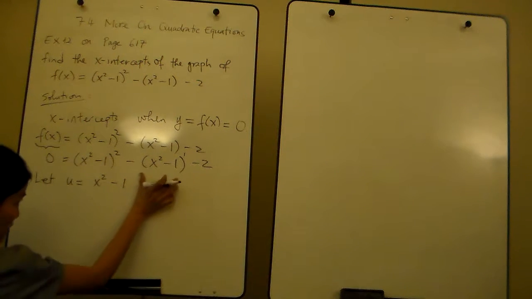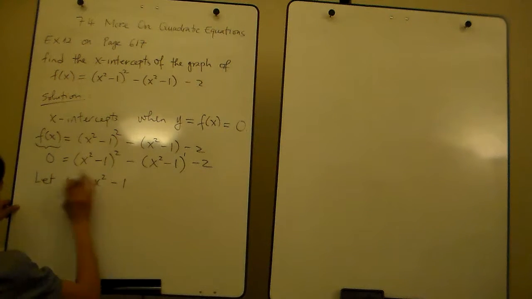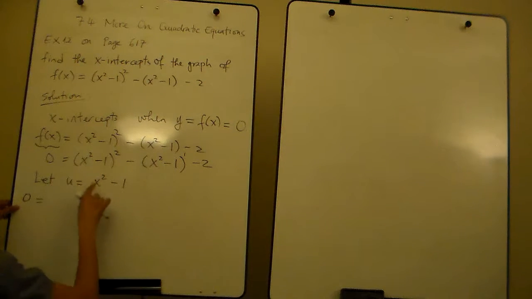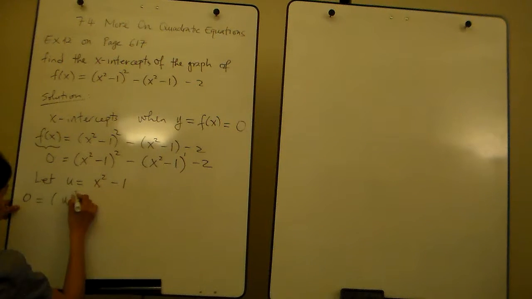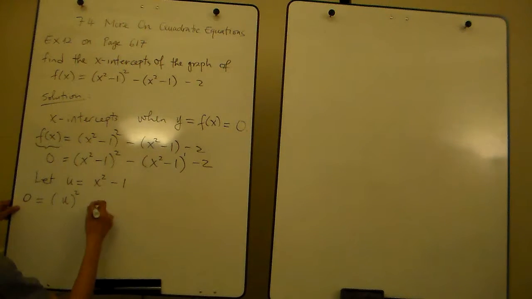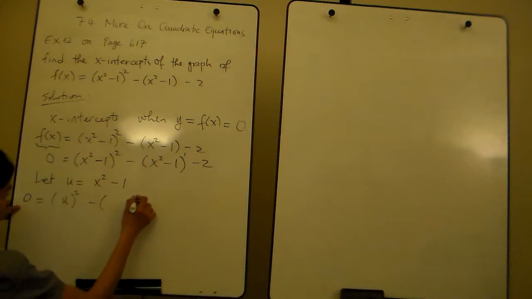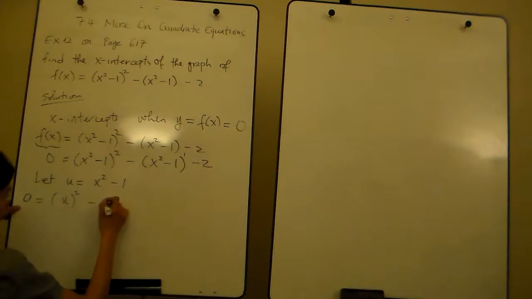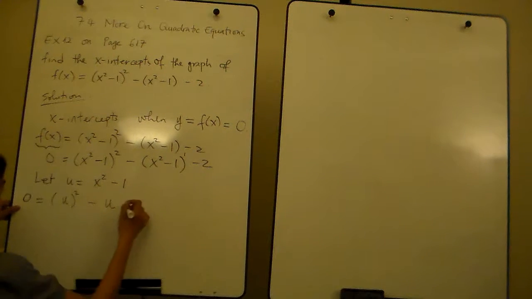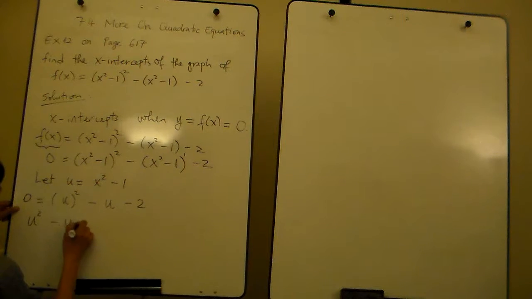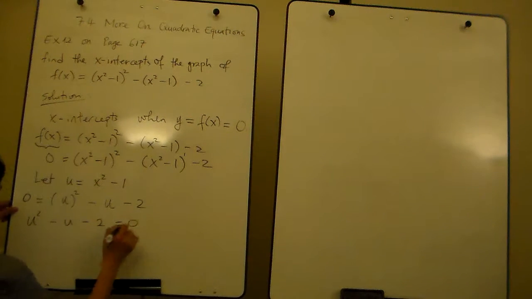Replacing this in the equation, you would get 0 equals u squared, replacing x squared minus 1 with u, minus, same idea, u to the first power, which is u, minus 2. Rewriting this, you have u squared minus u minus 2 equals 0.